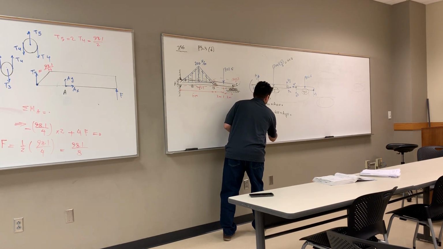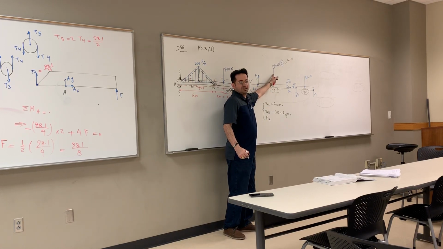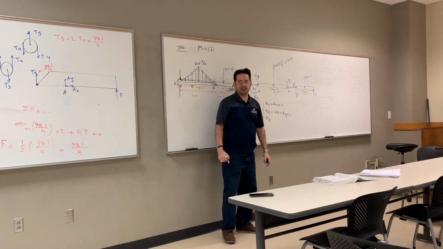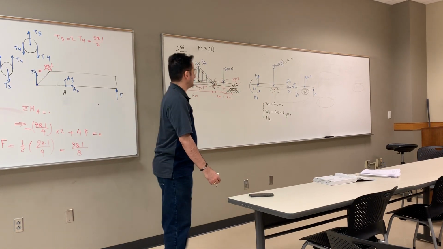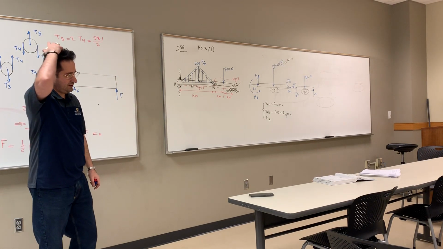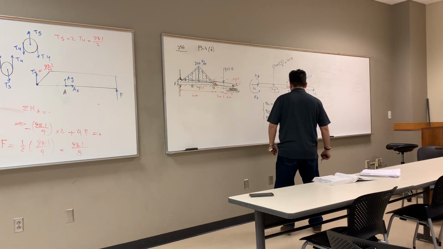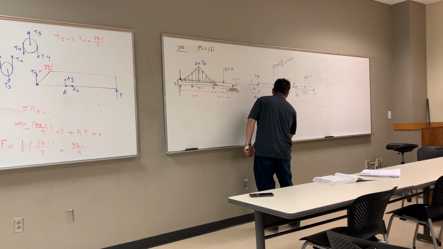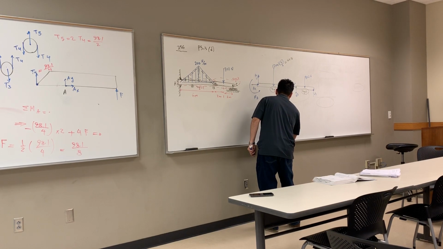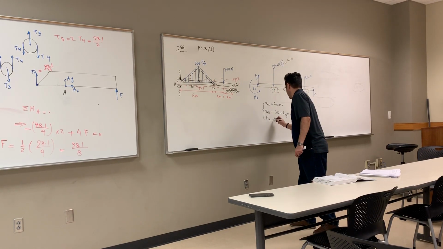So MA. Now go to the next one. Moment coming from here with respect to A. What is it? The value of force, 600, times distance, and the distance is 3. So 600 times 3. Positive or negative? Negative.